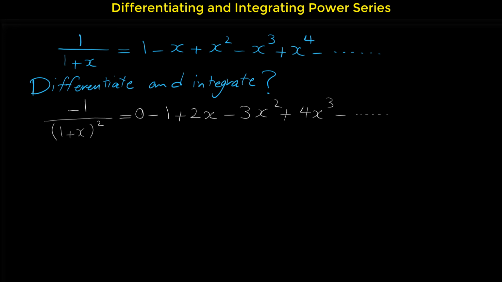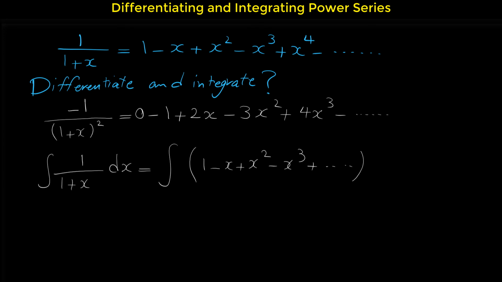Now let's integrate both sides of this relation. Integral of 1 over 1 plus x dx equals integral of 1 minus x plus x squared minus x cubed, and so on. For integrating this expression, note that derivative of the bottom, derivative of 1 plus x, is 1, is in numerator.